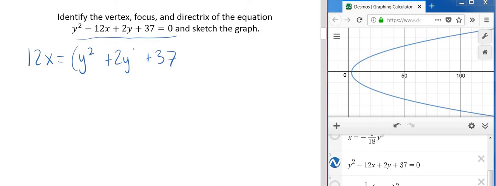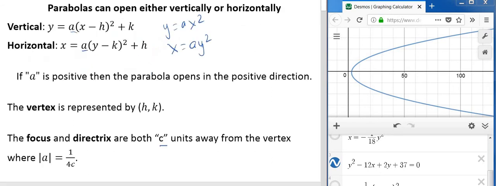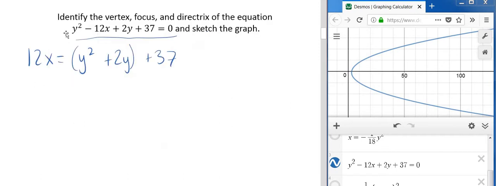Well, we're going to complete the square right here to make this look like our standard form over here. We want to make it look something like this, okay? So let's do that. So 12x equals y squared plus 2y plus something plus 37. Well, what would go in the box?